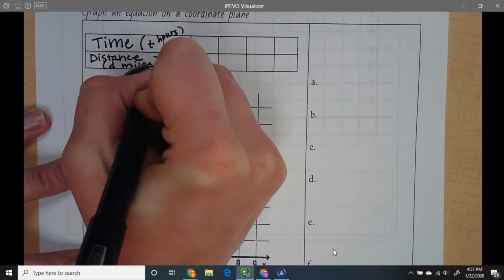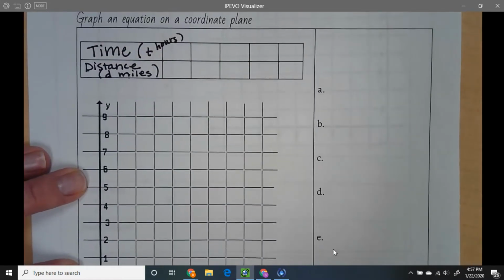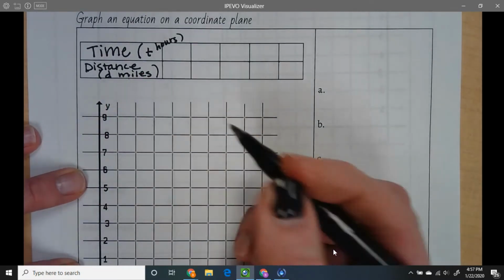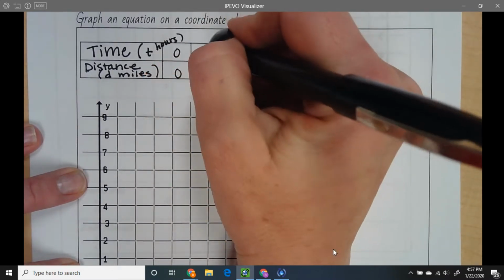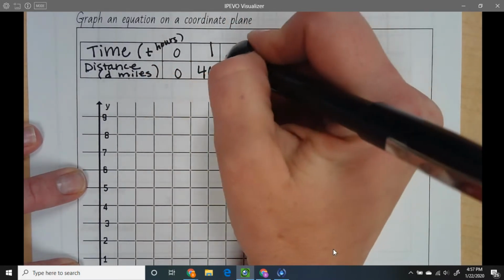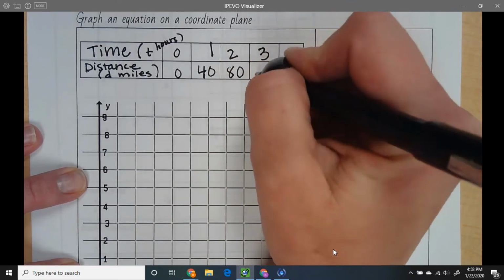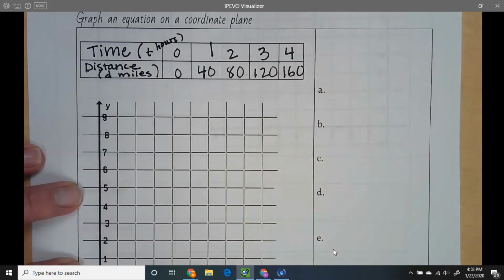That's just giving you the abbreviation. If you can't see it, this is in your book on page 62. The chart is 0, 0, then 1, 40, 2, 80, 3, 120, and 4, 160.